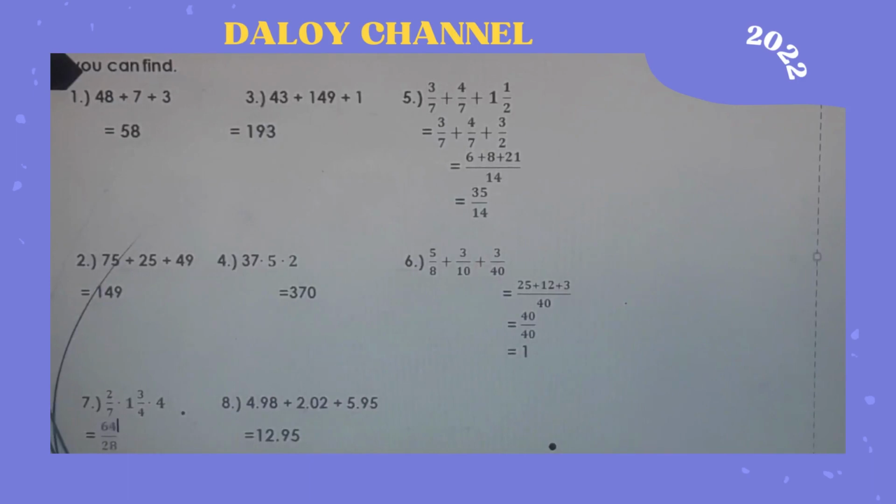So we leave it at 64 divided by 28. Number 8, adding 4.98 plus 2.02 plus 5.95 is equal to 12.95.